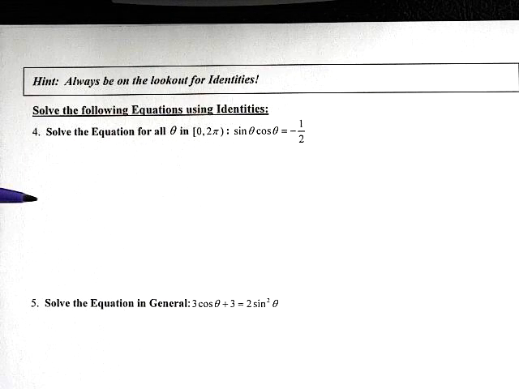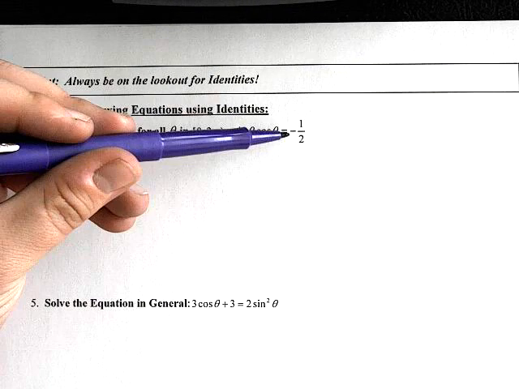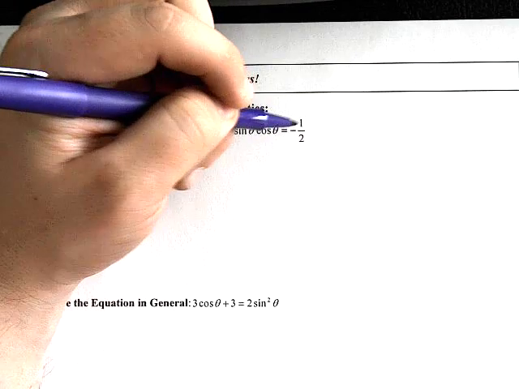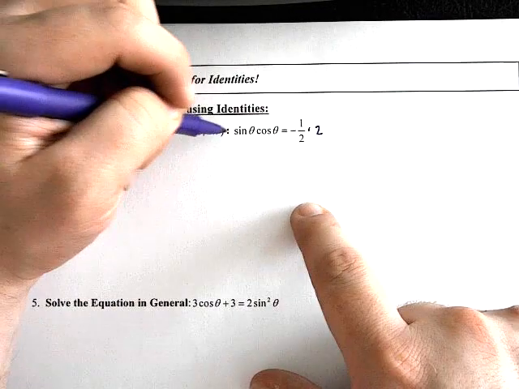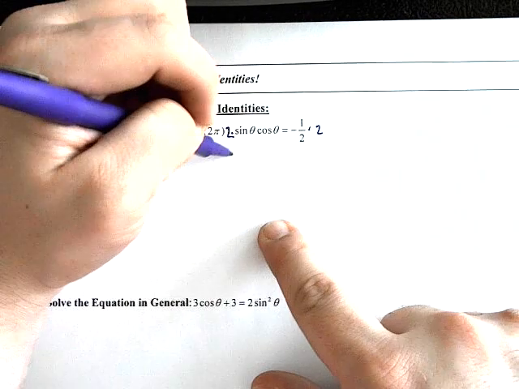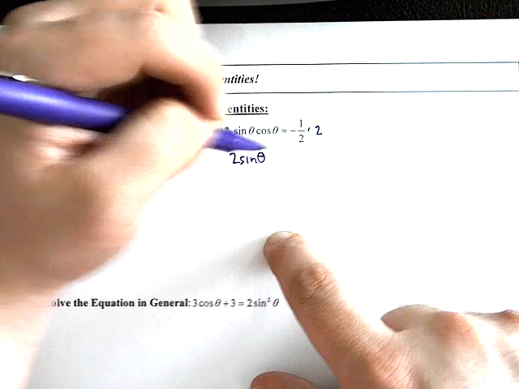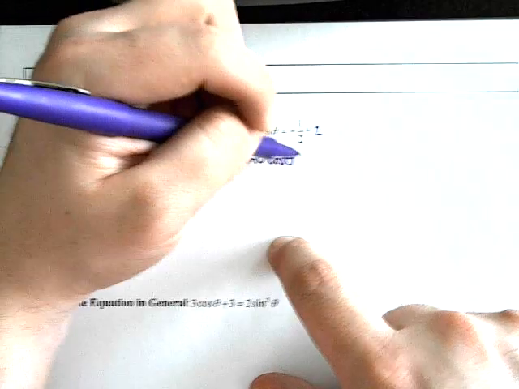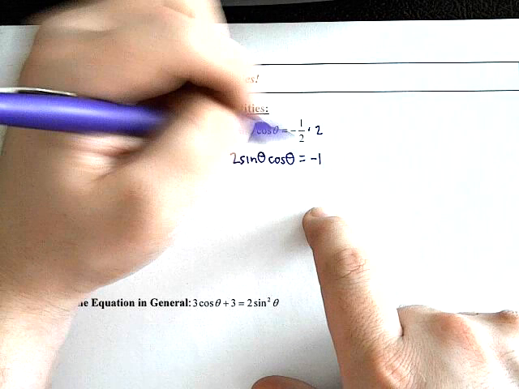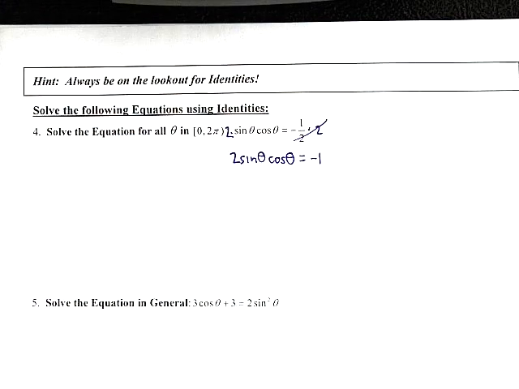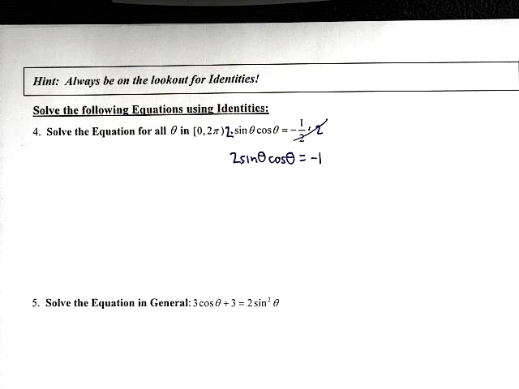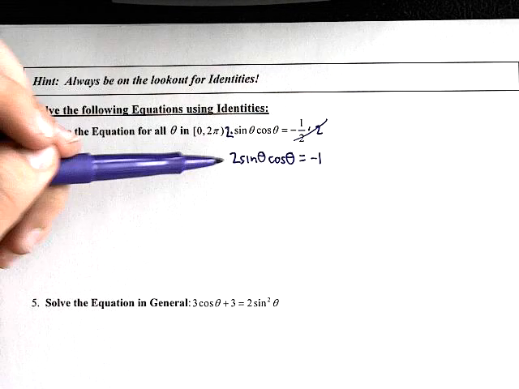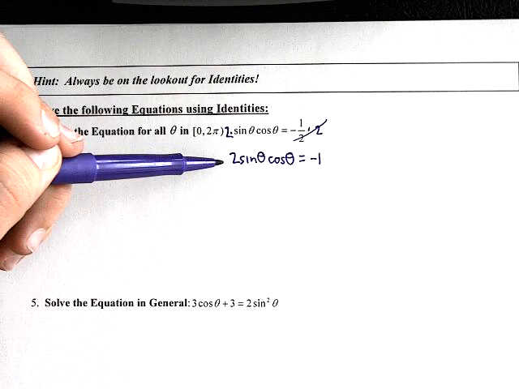So what I could try to do is at least get rid of this fraction. So maybe I'll do something like this. Like I'll times by 2, times by 2. So now I have 2 sine theta cosine theta equals -1. Okay. Now, obviously, I kind of knew what I was doing. I'm hoping that you guys all recognize this left side.